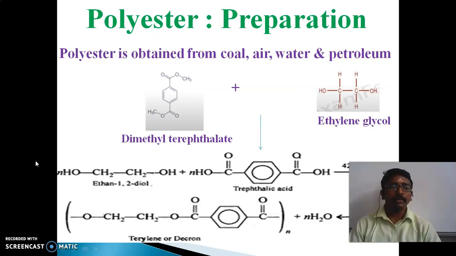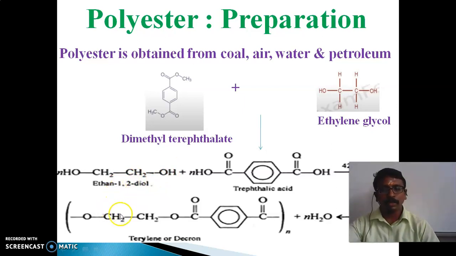For that, if we have to write the IUPAC name, the suffix we have to add is OL, so that we can write it as diol. So di indicates 2 alcohol groups are there. OL indicates alcohol, the suffix we have to write. So 1,2 indicates that in the first carbon and second carbon it has that OH. So we can write that as ethane 1,2 diol and terephthalic acid.